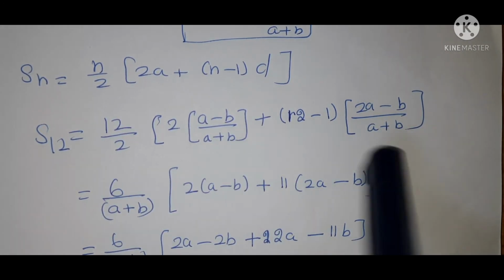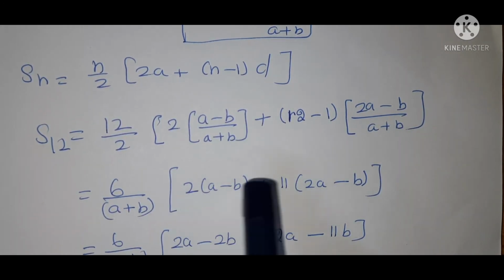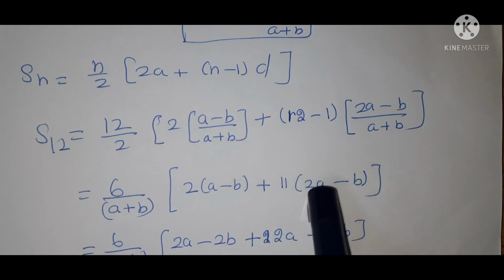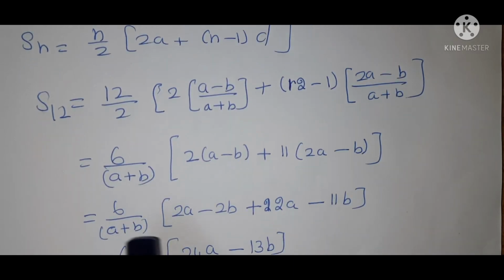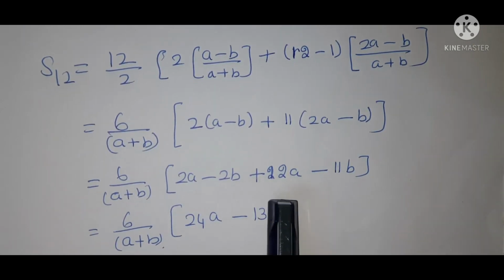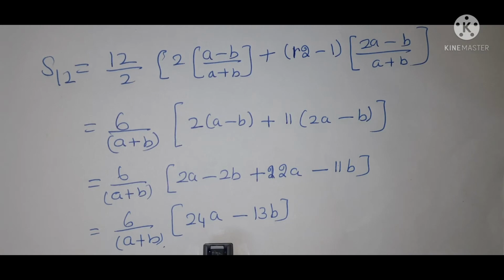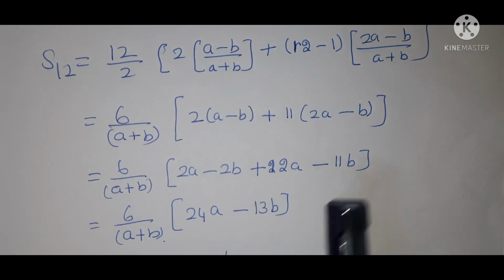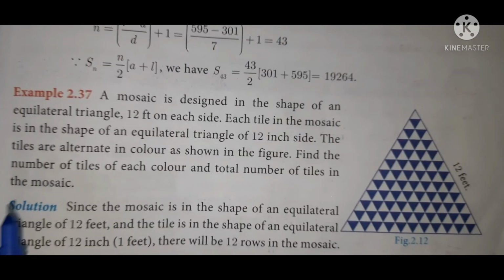A plus b is common, we take it out. 2 into a minus b plus 11 into 2a minus b. 6 by a plus b, 2a minus 2b plus 22a minus 11b. 6 by a plus b, 2a plus 22a is 24a, minus 2b minus 11b we get minus 13b.